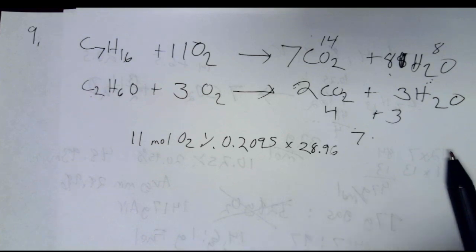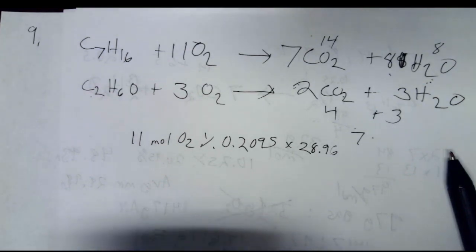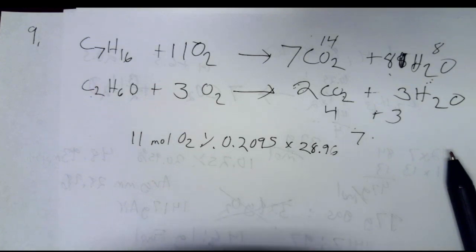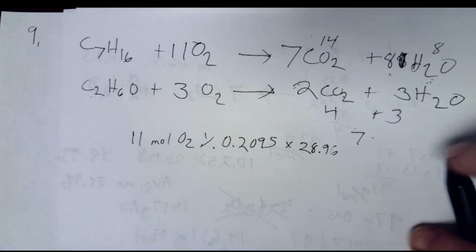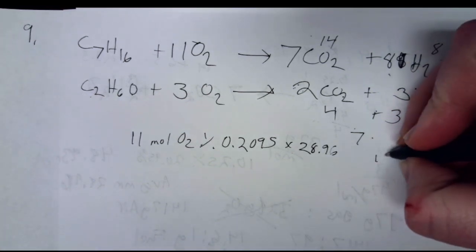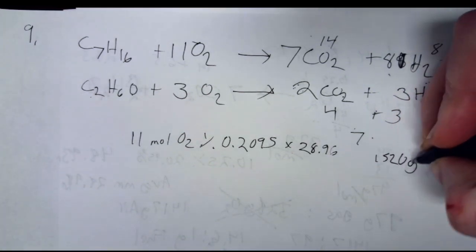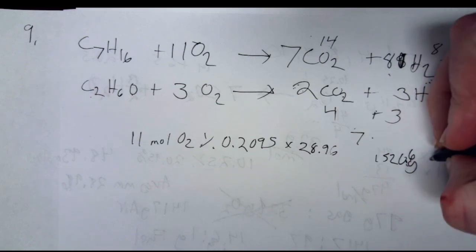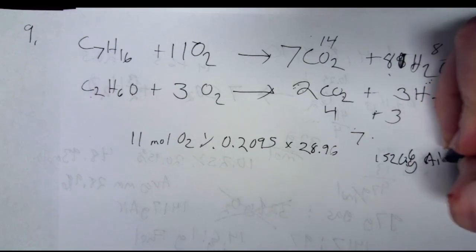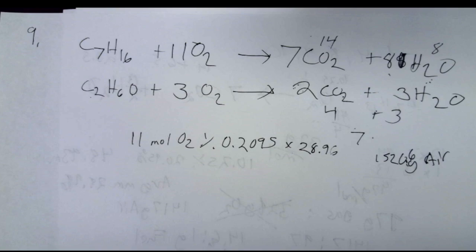The same as we did for problem 1. So 11 divided by 0.2095 times my molar mass, 28.96, means we're going to need something like 1520.6 grams of air.